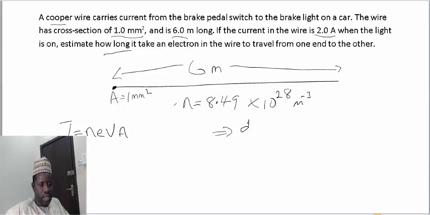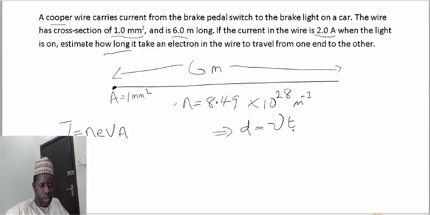The length of the wire is the distance the electron will cover from this end to this end, and this distance can be evaluated from the product of the speed of the charge carrier times the time it takes the electron to go from one end to the other.